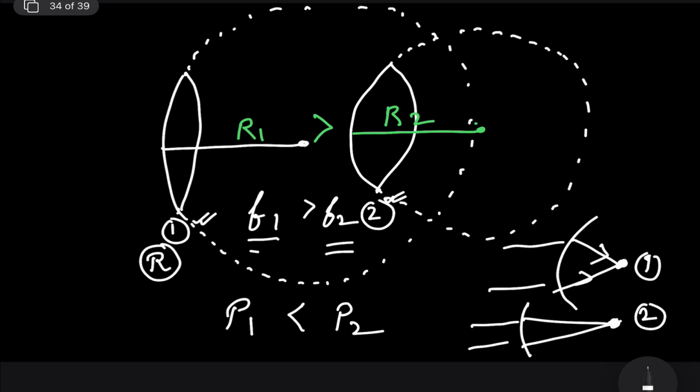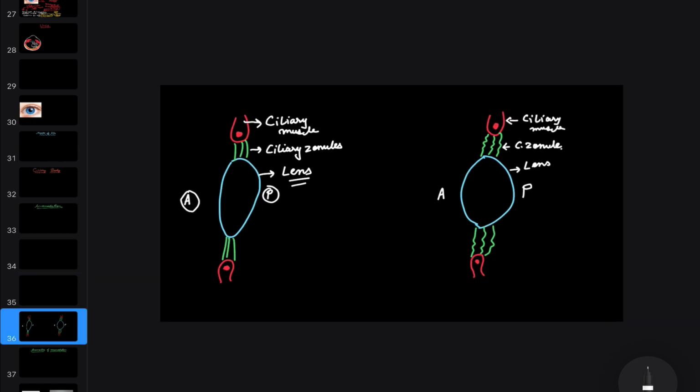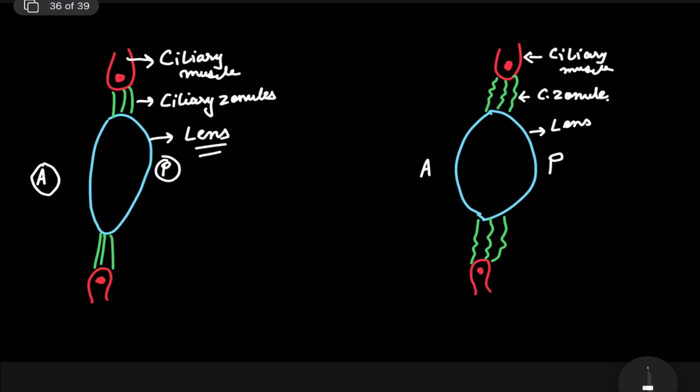If you did not get all this radius of curvature, focal length, and all this, the only thing you need to get across your brains right now from a medical perspective is, when the anterior surface of the lens is more curved, it has more converging power. Which means when the light rays are traveling from infinity or from a faraway object, we would want the anterior surface of the lens to be flatter.